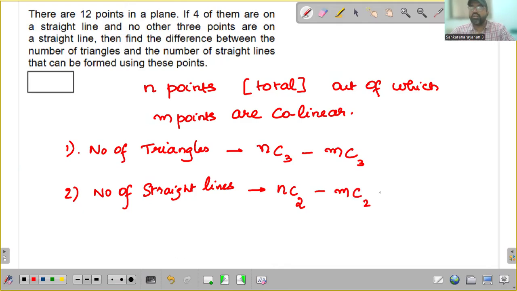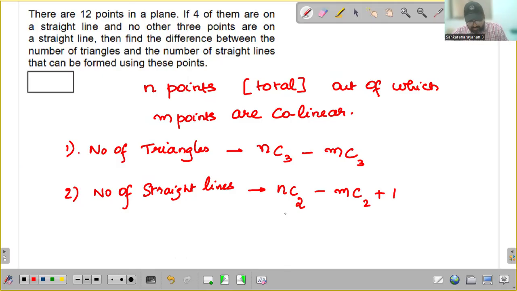But please note, I said that the first m are collinear, right? So connecting the first one and the last one, I can actually draw one line. So the number of straight lines formed will be NC2 minus MC2 plus 1.